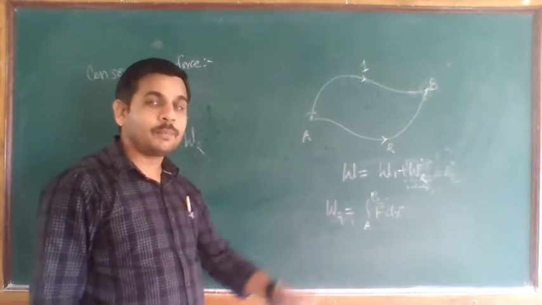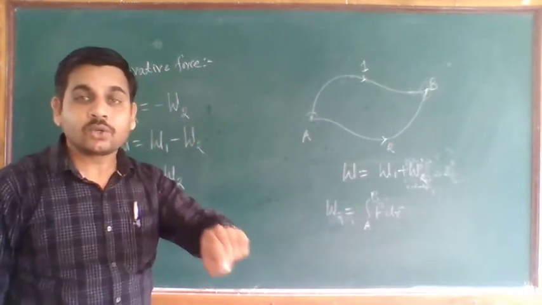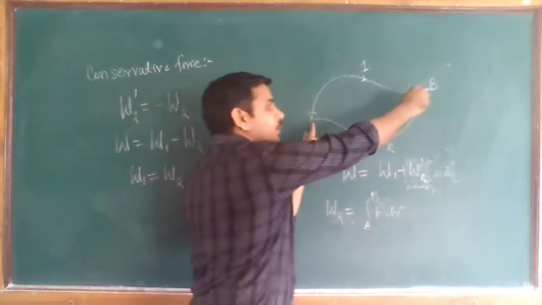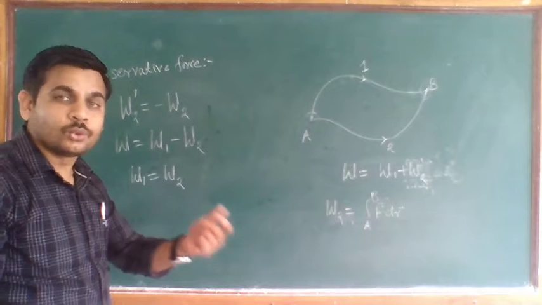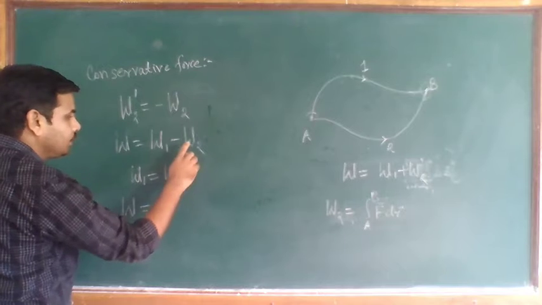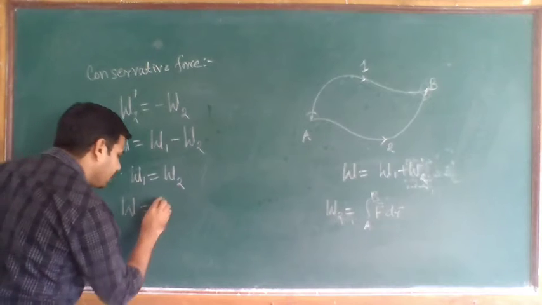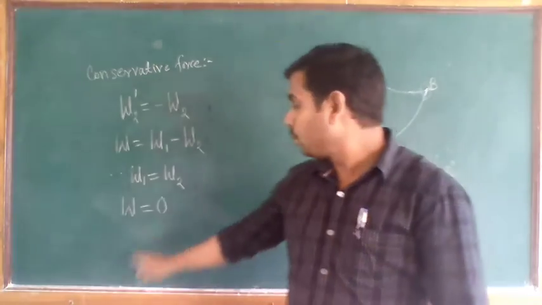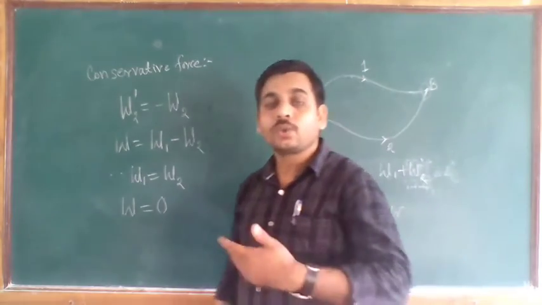If you apply the force on that particle, the particle moving from A to B is independent of the path and depends only on the positions. So in that condition W1 is equal to W2, and the total work done will be 0 in that round journey or closed loop.